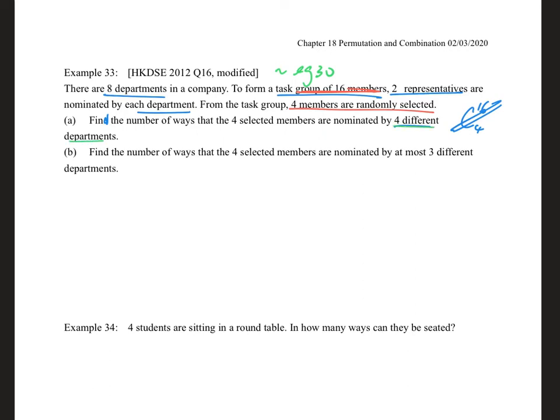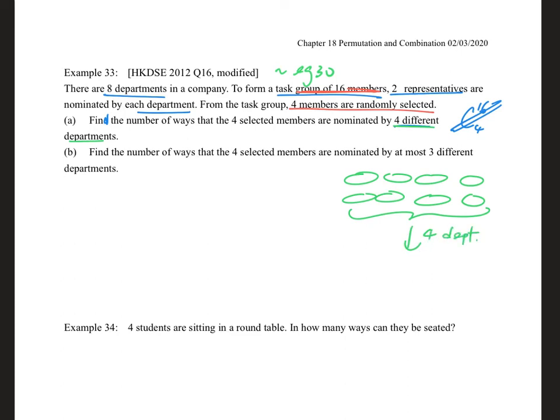4 different departments. So first of all, you know the representatives are from 4 different departments. So I pick the 4 departments first, so it comes up with 8C4 at first.